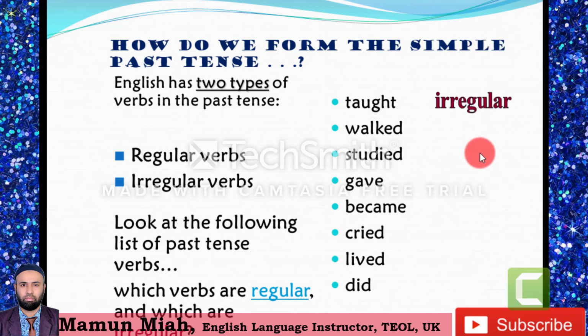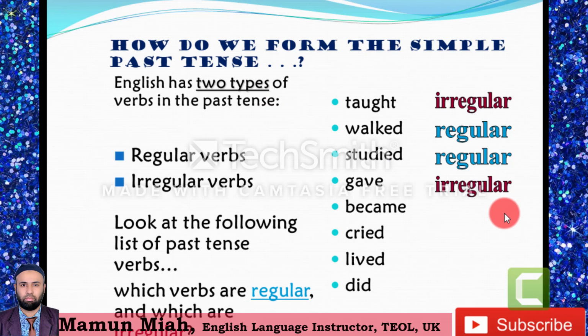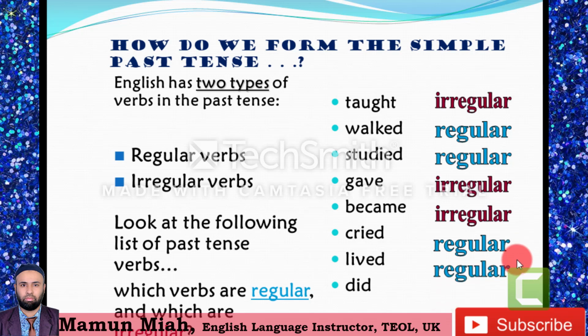The first one, taught, irregular. Walked, regular. Studied, regular. Gave, irregular. Became, irregular. Cried, regular. Lived, regular. Did, irregular.